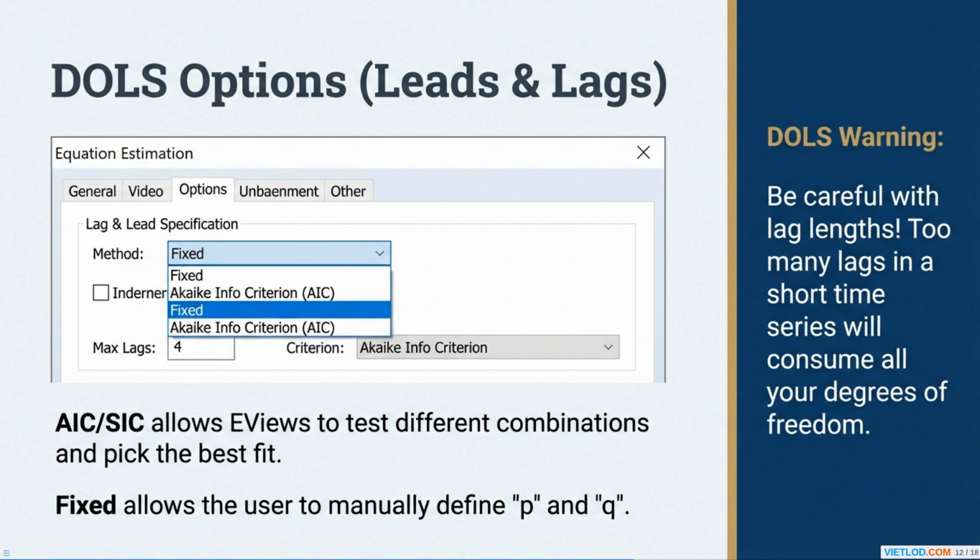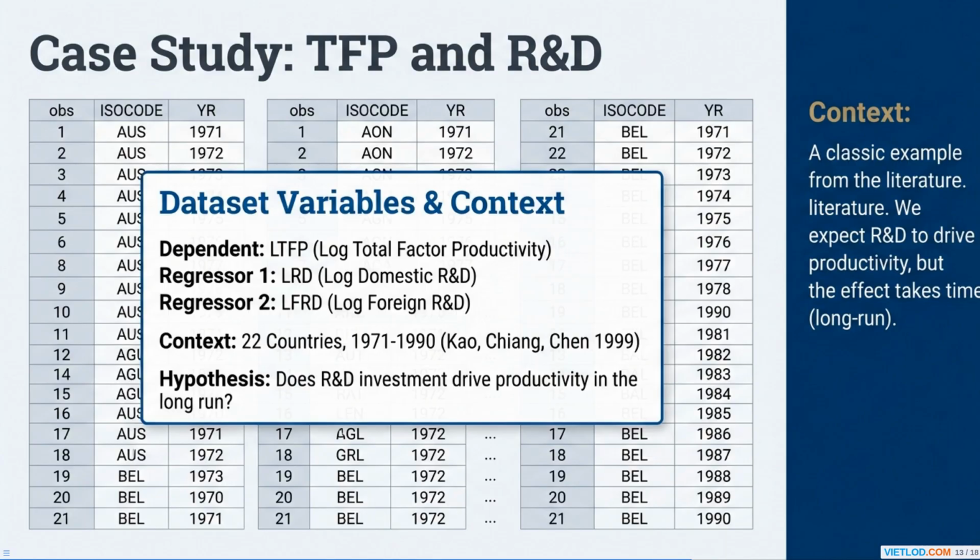Alternatively, you can have EViews select the optimal number of lags automatically based on an information criterion, like the Akaike Information Criterion, AIC, or the Schwarz Information Criterion, SIC. However, a crucial warning: be extremely careful not to set the maximum number of lags too high, especially if you have a short time series, as this can quickly consume all your available degrees of freedom and make estimation impossible.